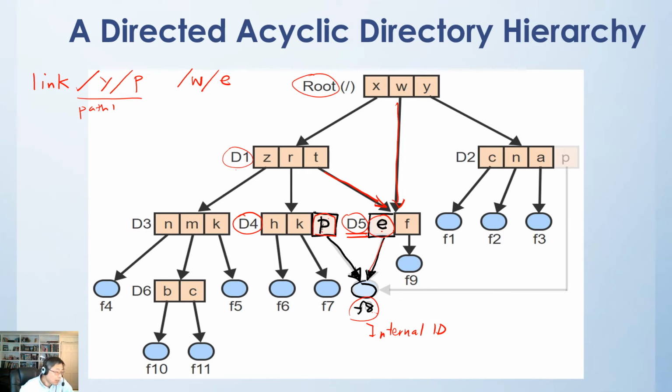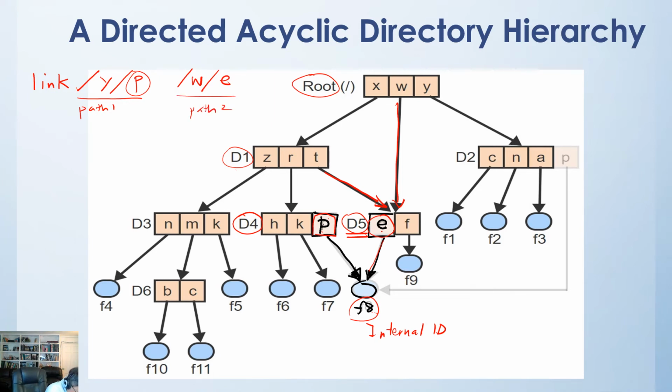So now this link command creates a new entry named p in the directory D2. Okay, now let's take a look at this. So what is the first path? Path 1, that's path 2.